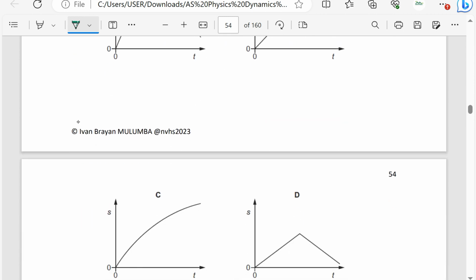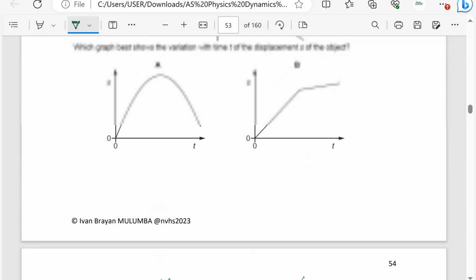This one shows that the velocity remains constant, then all of a sudden changes to another constant value in the opposite direction. So this is wrong. So the answer is A.